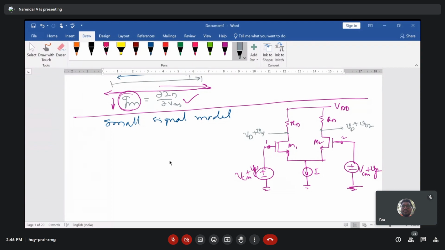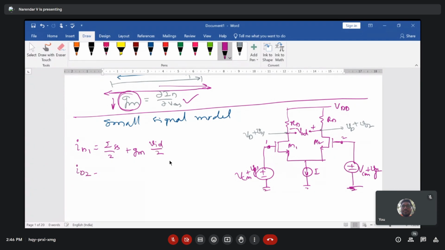And if you talk about differential output here, then what you can see is the differential output is something like this. So your positive and negative, this is your VOD differential output. Okay. If we write small signal, then I can write ID1, which is equal to ISS by 2, that is the DC current, plus GM into VID by 2, it's a small signal current.